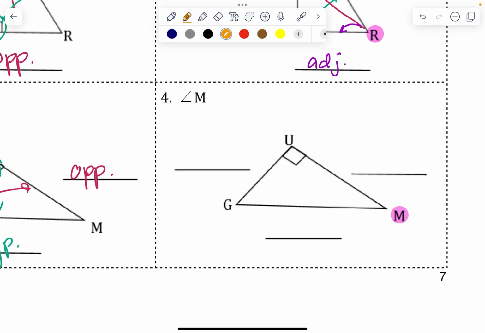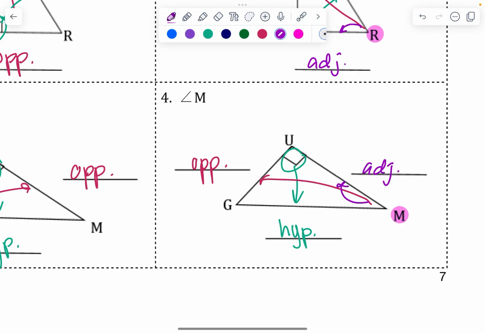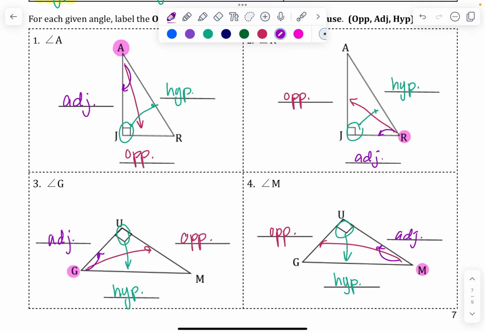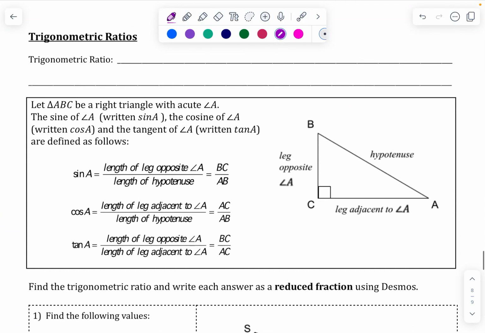We're looking at angle M. Across from my right angle is always the hypotenuse. Opposite to the angle is the opposite side, and the side right next to the angle is the adjacent side. The reason we are doing this is because it's going to set us up for the next part.